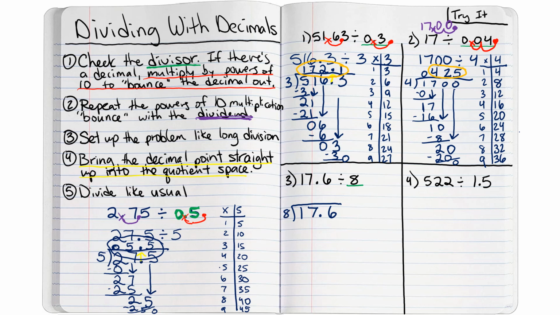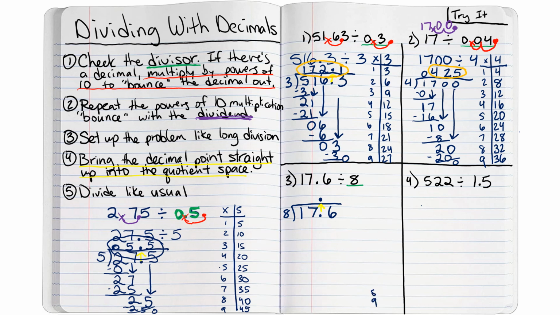Now I set up the problem like long division, and I'm going to check for decimals, and I see I still have a decimal on the inside in my dividend, so I'll still need to bring that straight up into my quotient space. Now I'm ready to divide like usual, so I'll go ahead and set up my table of multiples.